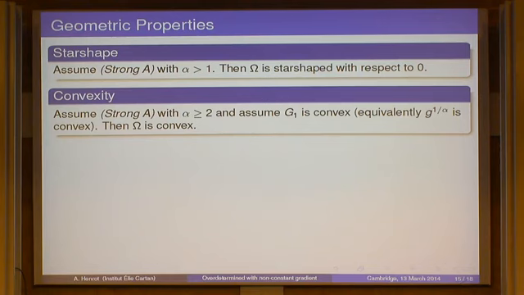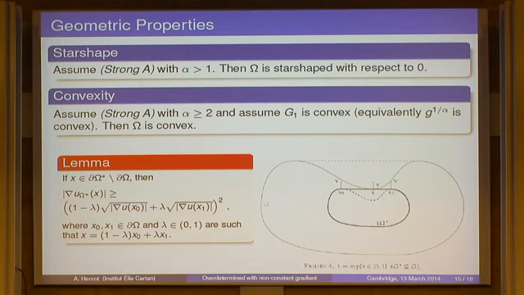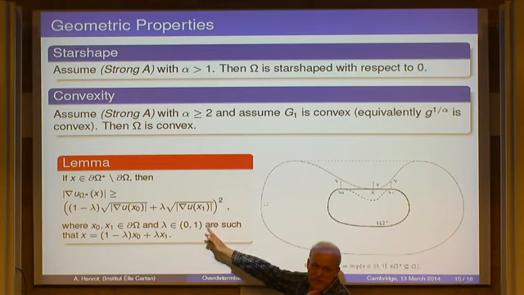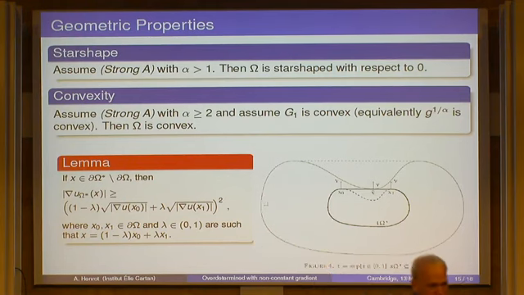Then you can prove that omega is convex, and the idea is more or less the same as the one I presented, but it uses a lemma which is true completely independently of this overdetermined problem. So this lemma has its own interest in convexity properties of the solution of some PDE like that.